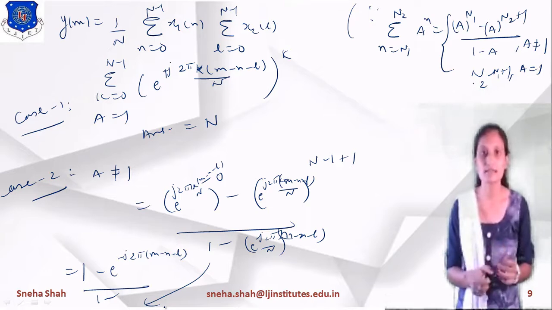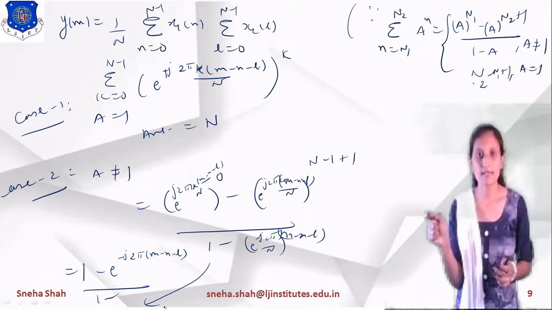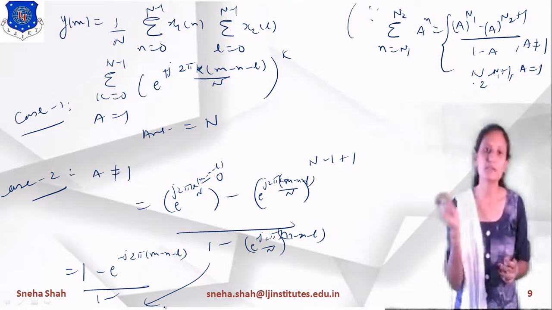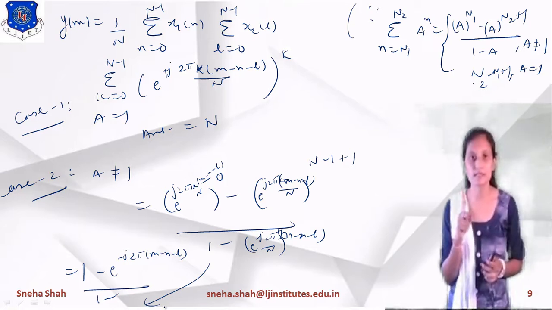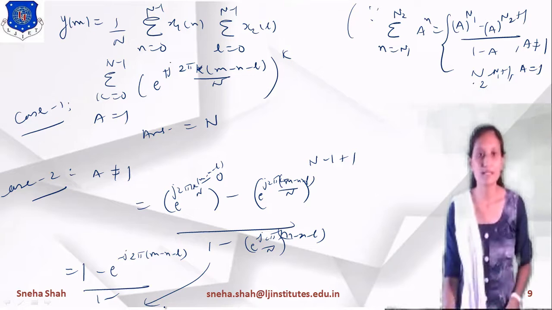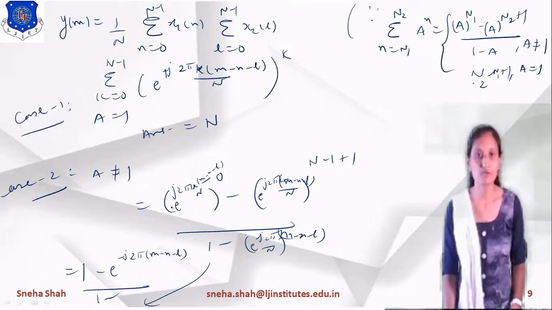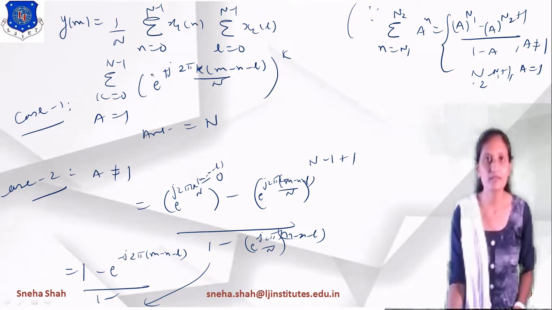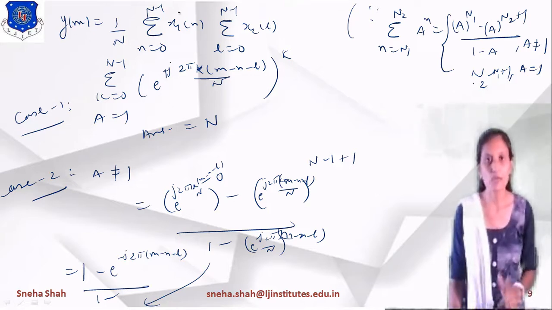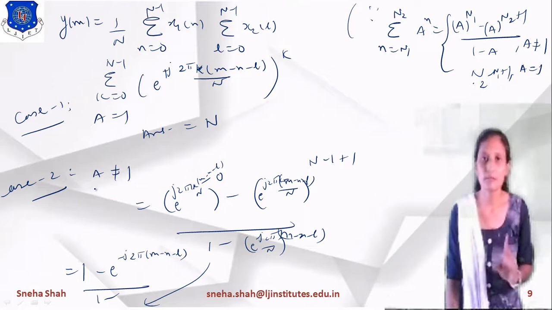What is the meaning of this? The value of m minus n minus l is an integer, and if it is multiplied with minus j 2 pi, its answer is always 1. So 1 minus 1 equals 0 over here, so the overall answer equals 0. So this case is not possible.